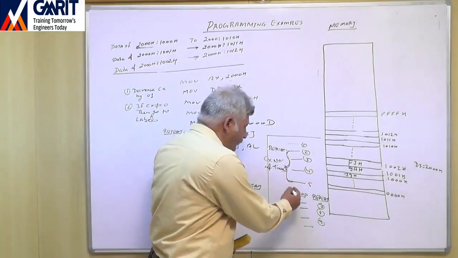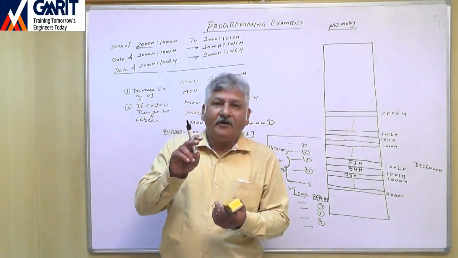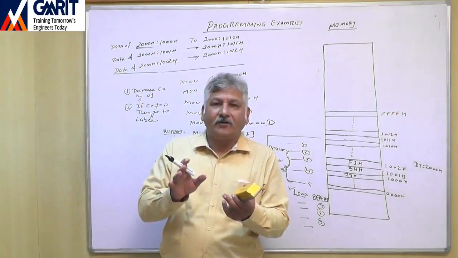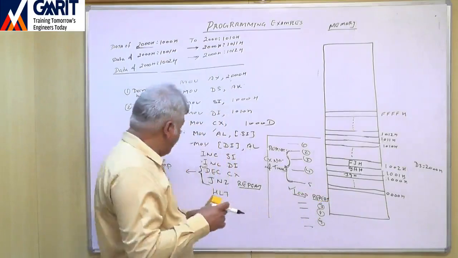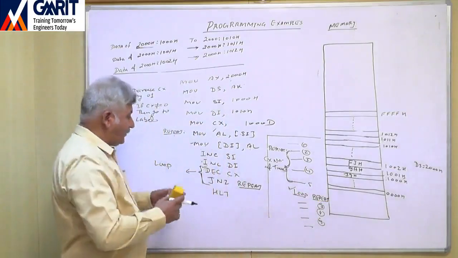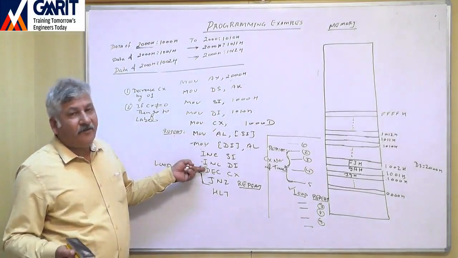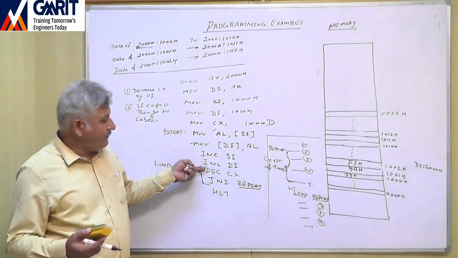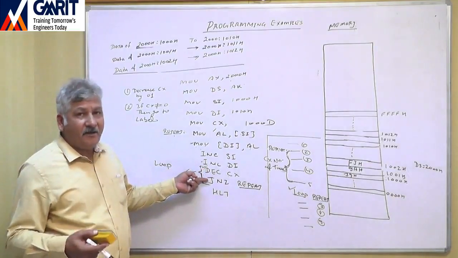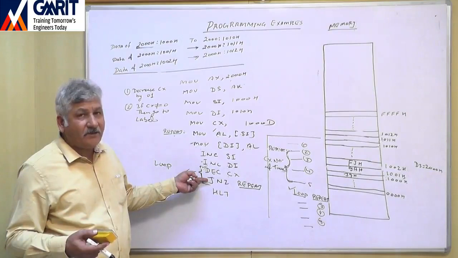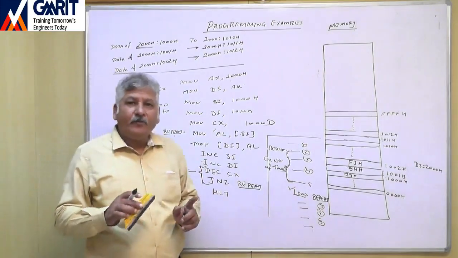So the loop instruction always reduces the value of CX only. Whenever you are using the loop instruction, always use the CX register as the counter. Basically the loop instruction decreases the value of CX by 1, and if the value of CX is not 0, then it goes to the label. So the two instructions, DEC CX, with which we decrease the value of CX by 1, and JNZ, with which we check whether the value of CX is 0 or not, can be replaced by loop.